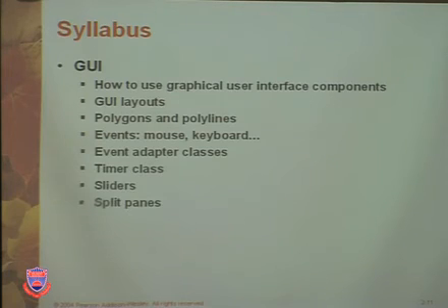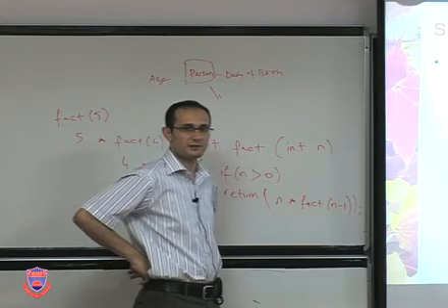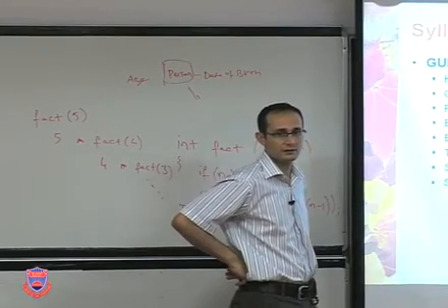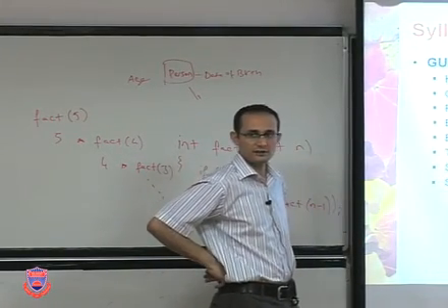So in each chapter of the book, during the last part of the sections, there are individual subsections related to GUI. What does GUI stand for? Graphical user interface.